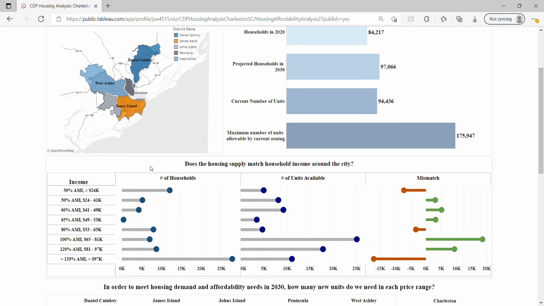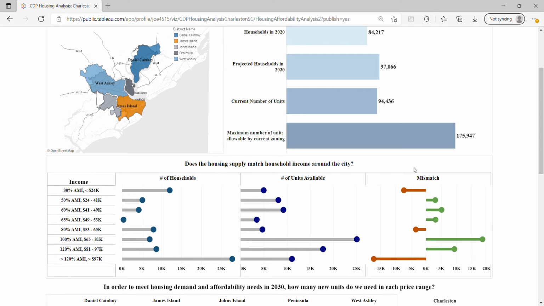CDP's team assigned the number of households that fit into each income band. We also looked at the number of units available that are affordable to these income ranges. We use HUD's definition of affordability, which means that a household is spending 30% or less of their pre-tax income on housing. And then we compared them.